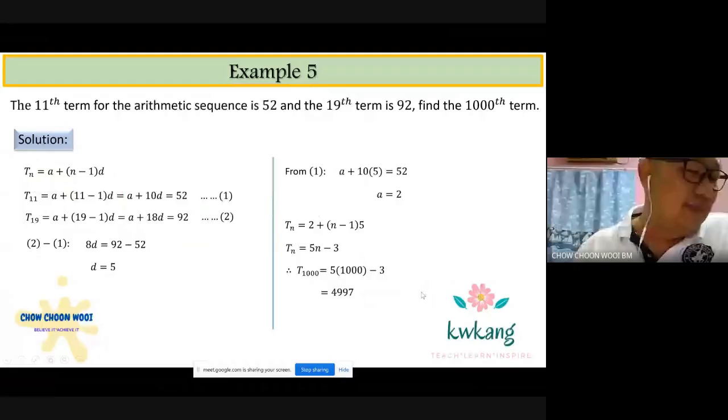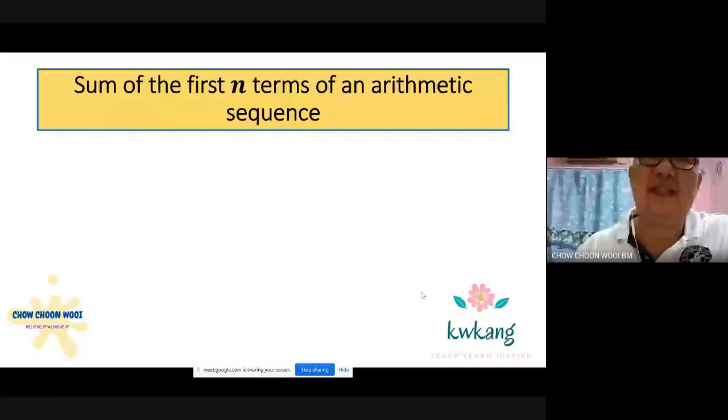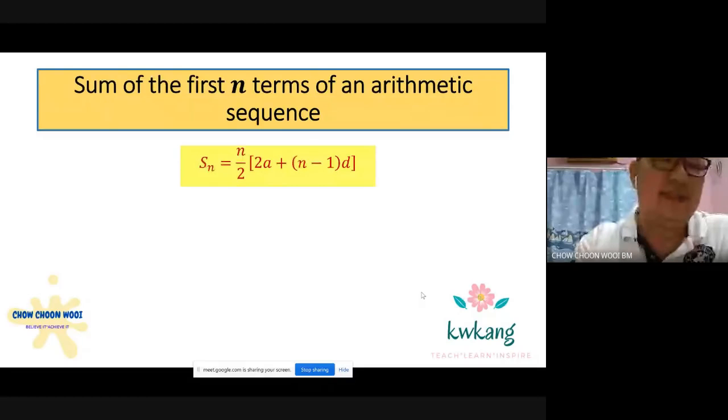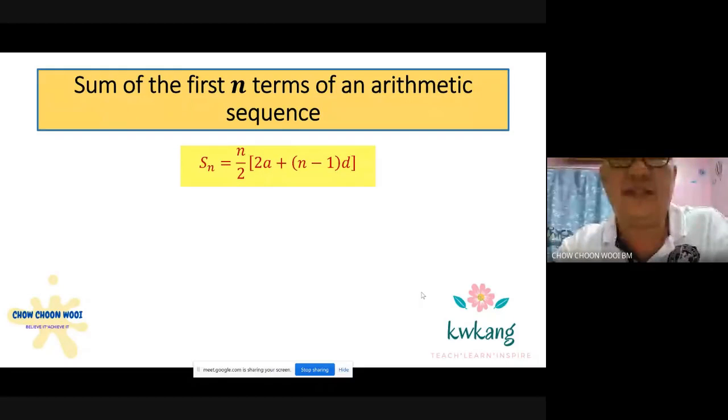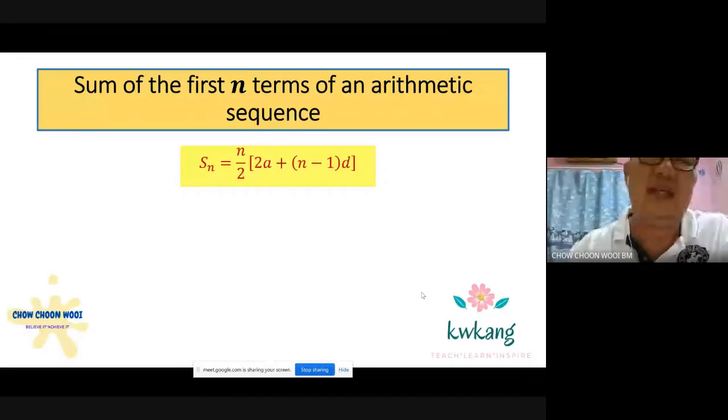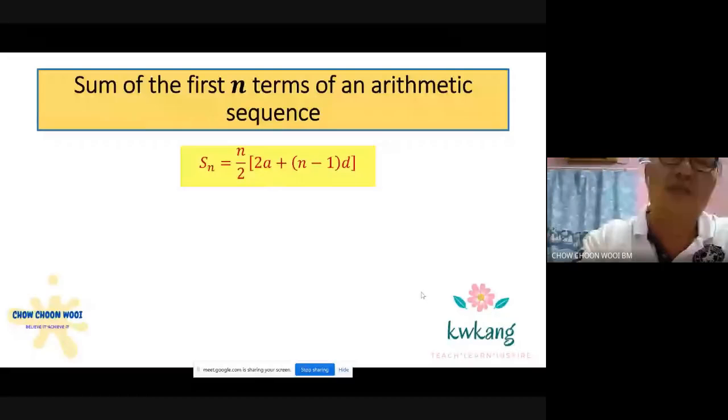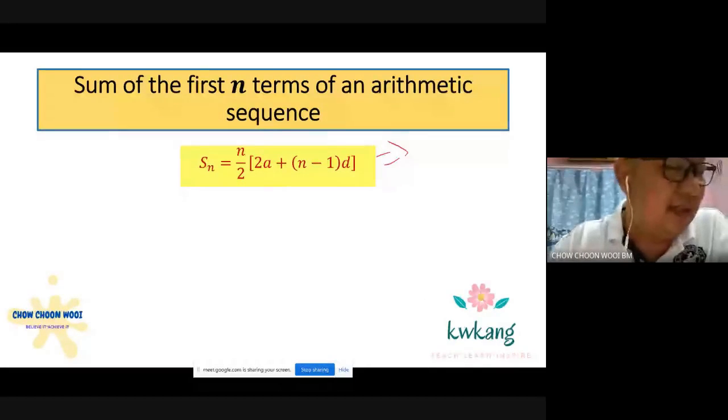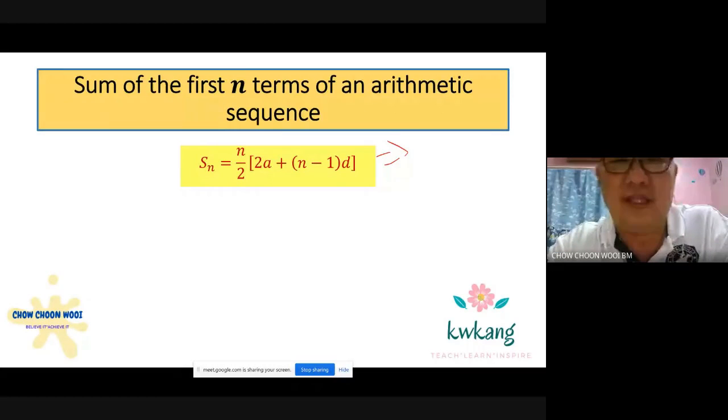Okay. Baik. The next one, the sum of the first n terms of an arithmetic sequence. So Sn is equal to n over 2 times (2a plus (n minus 1)d). Ini rumus, hafal. Jangan tak hafal. Setiap kali kamu tengok kamu tahu ini rumus Sn untuk arithmetic, tapi dalam exam lupa. Nah itu masalahnya.